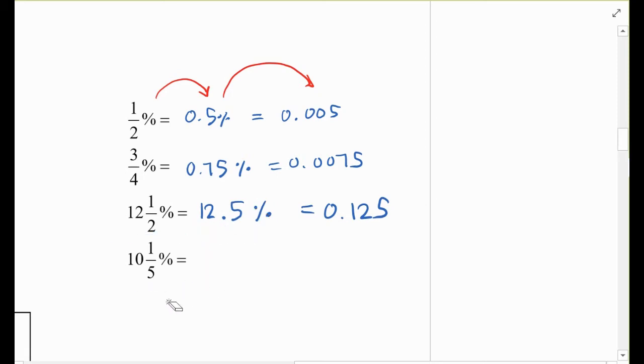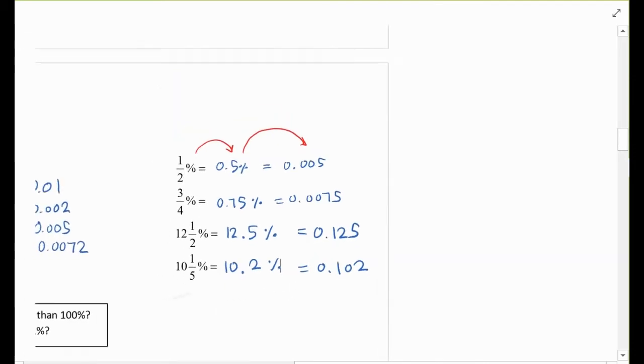Next, I want you to try this question by yourself. Pause the video and try this by yourself. All right, let's do it together. 10 is above the decimal point, and 1/5. If you change this to a decimal number, that's 0.2%. Again, we move the percent sign, move 2 decimal places, and that will be 0.102.